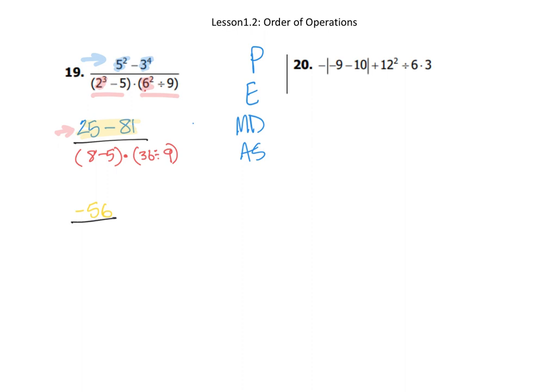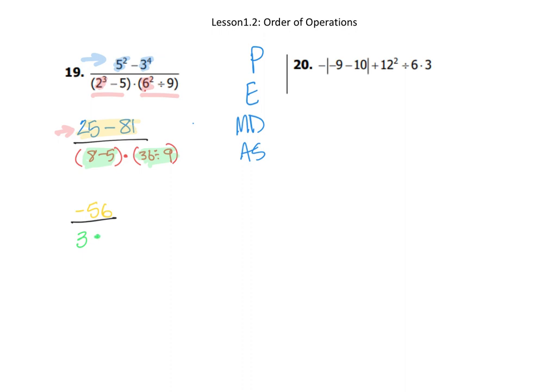Okay, we're not done with the denominator. We have a bit of simplifying to do here. Inside my parentheses, we have 8 minus 5 that needs to be taken care of, and in my second set, we need to do 36 divided by 9. So 8 minus 5 is 3. I do not need the parentheses anymore because I don't have anything acting on those parentheses.